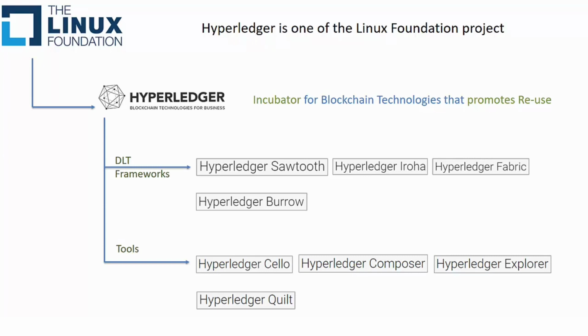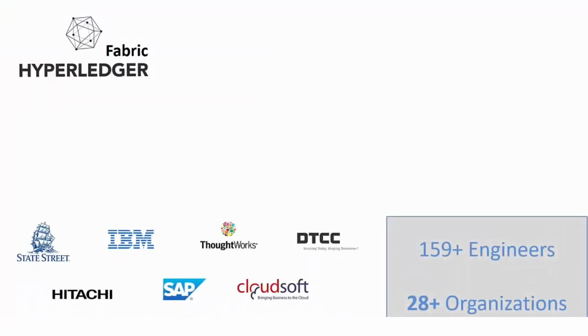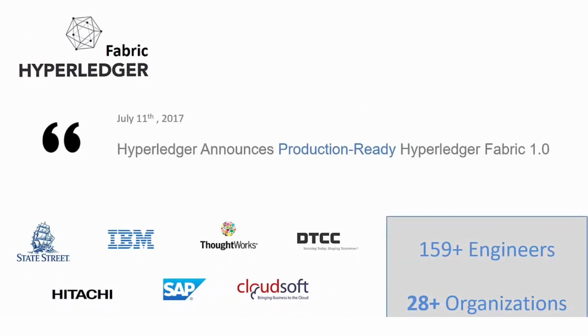In this course, the focus is on Hyperledger Fabric and the Composer tool. If you're interested in learning more about these projects, please refer to the links in the resources for this lecture. There are over 159 engineers from 28 plus organizations involved in the Hyperledger Fabric initiative. The version 1.0 of Fabric was released on July 11, 2017.